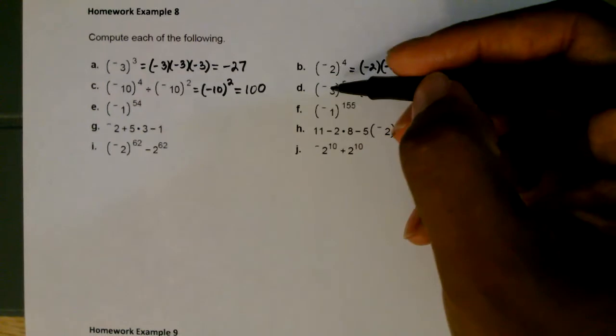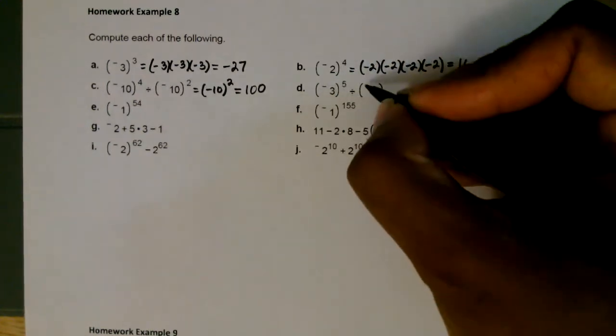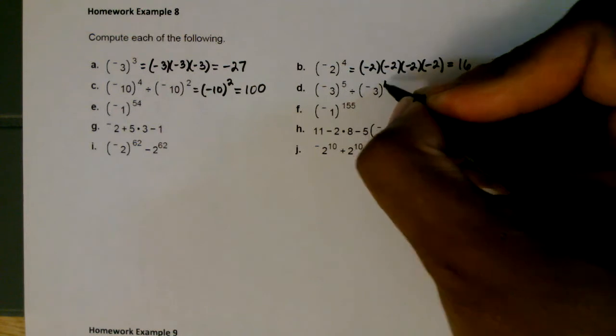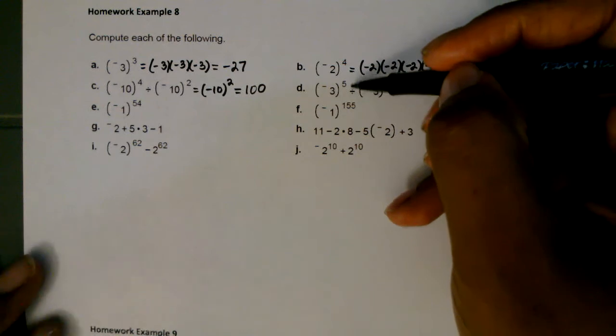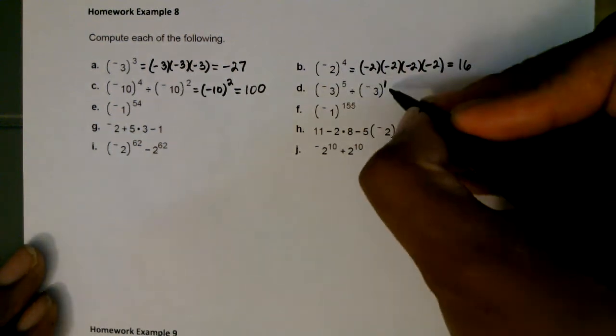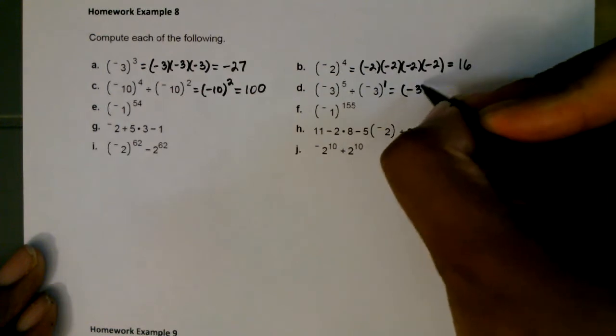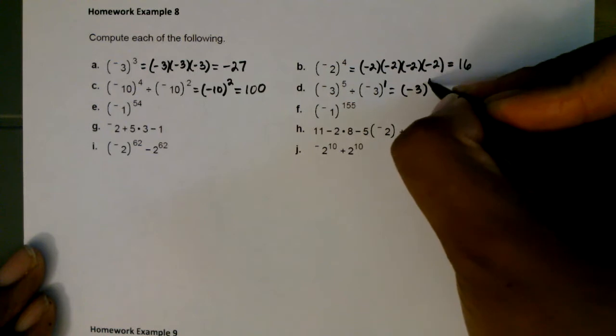All right, part D, negative 3 raised to the 5th divided by negative 3. And that negative 3 would be like negative 3 raised to the 1st power. Again, I'm dividing powers of the same base. So I bring over that base, which is negative 3, and subtract 5 minus 1. That would be 4.